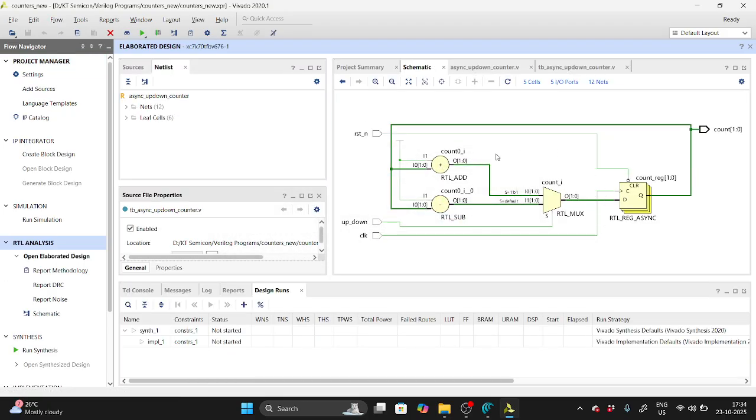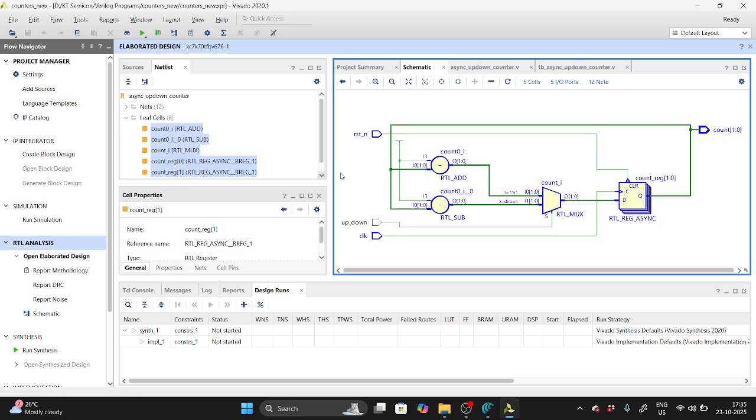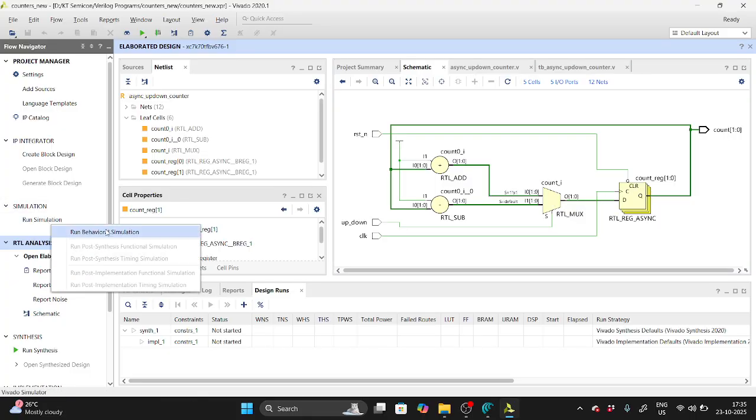Like this I am getting two adder circuits, and here a mux, and this is for up counter and down counter, and this is nothing but D flip flops. Okay, so this is my schematic or netlist. I want to simulate this design.